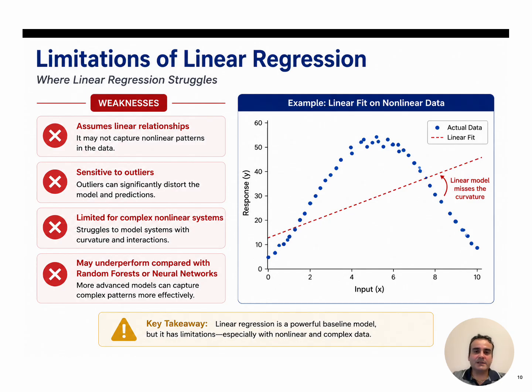Another limitation is that it may not perform well for complex systems with strong interactions among variables. In pavement engineering, many processes are nonlinear, so linear regression may sometimes be too simple.